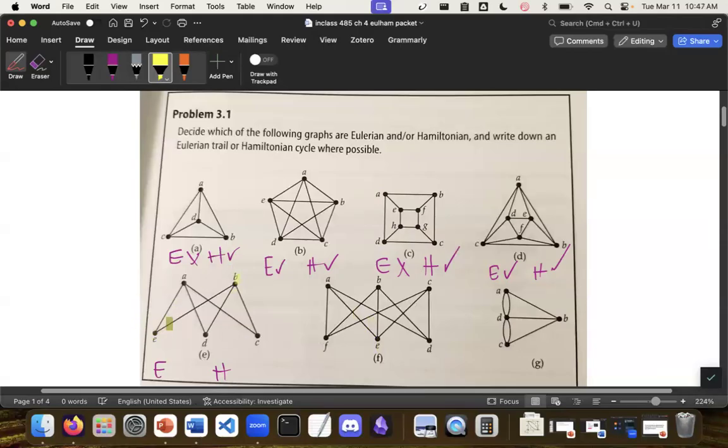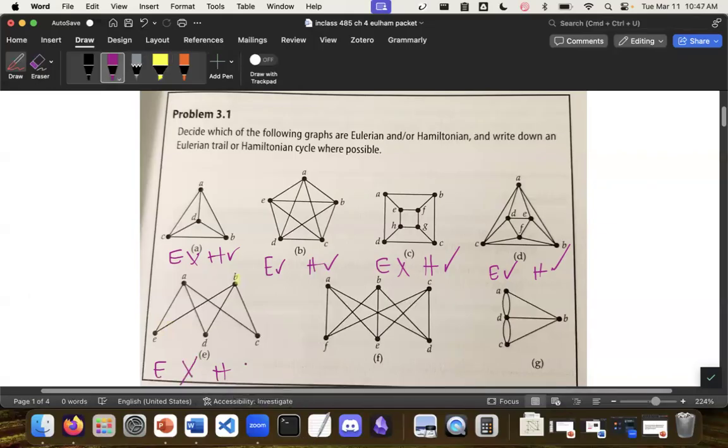I did not see it. I thought that was a C. Okay, so if we start here and just go. So this one, in fact, wait, this is E, make sure I get this, yeah. It's not Eulerian.